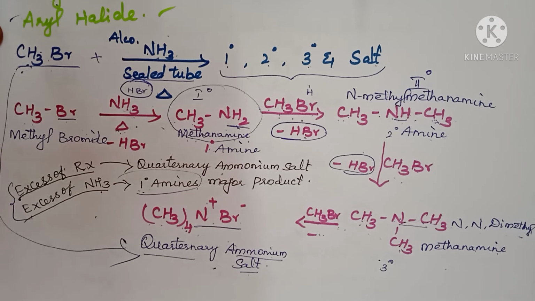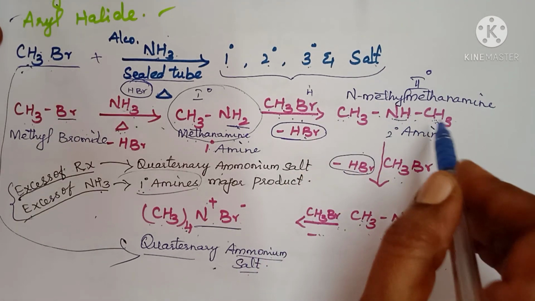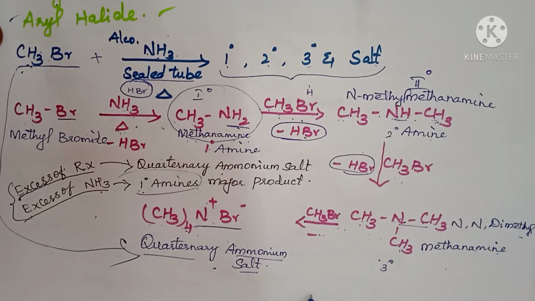It's a very important question. And how do we get that reaction? Ammonia reacted with alkyl halide, whether it is alkyl halide or aryl halide, any one you take, in a sealed container you are heating, you are getting all these primary amine, secondary amine, tertiary amine and quaternary ammonium salt.